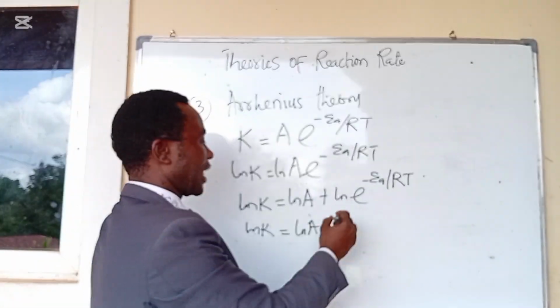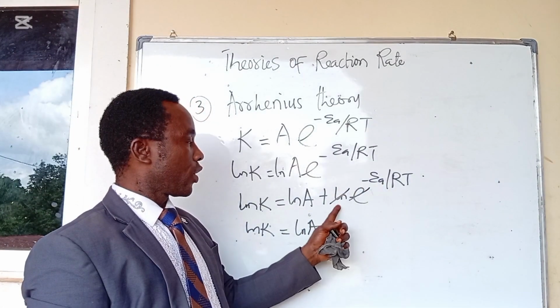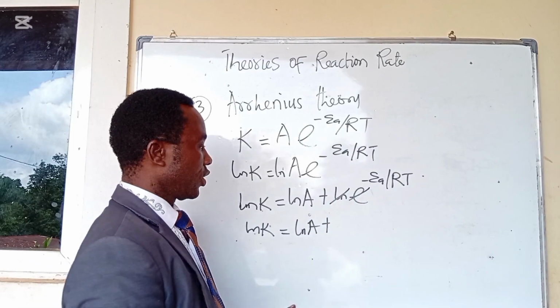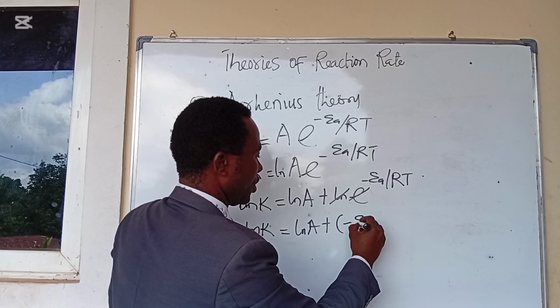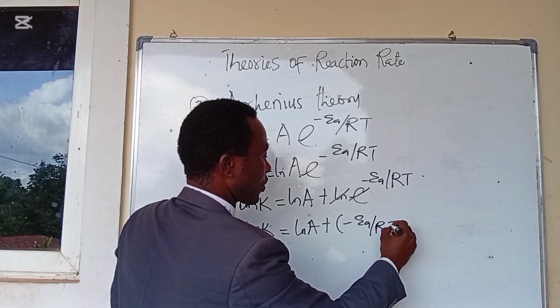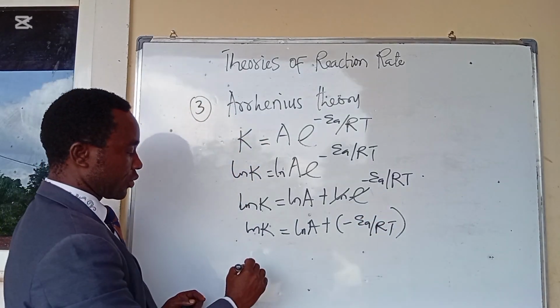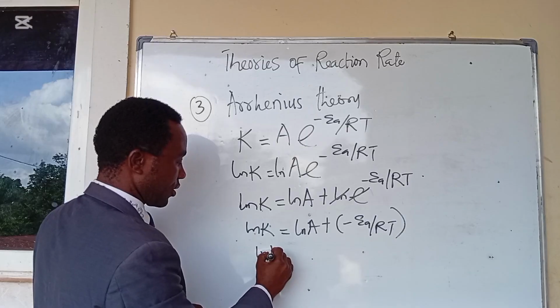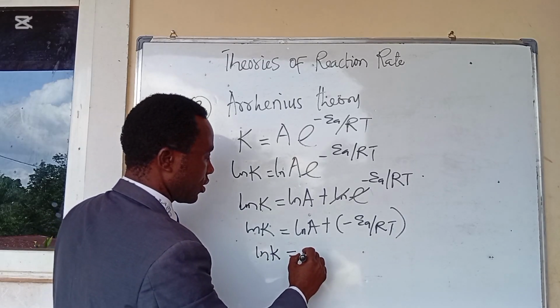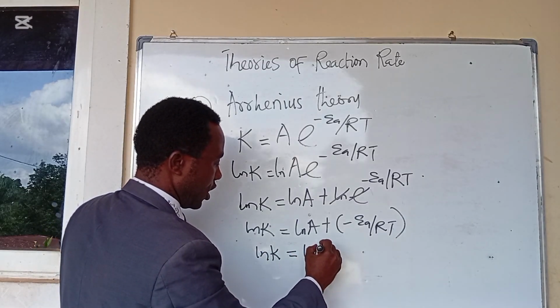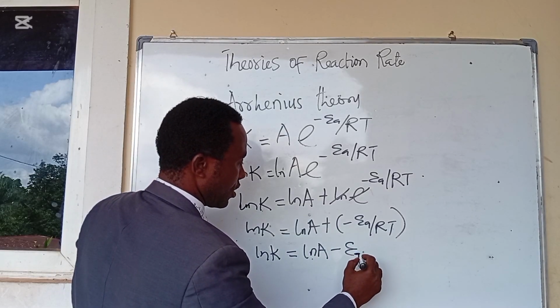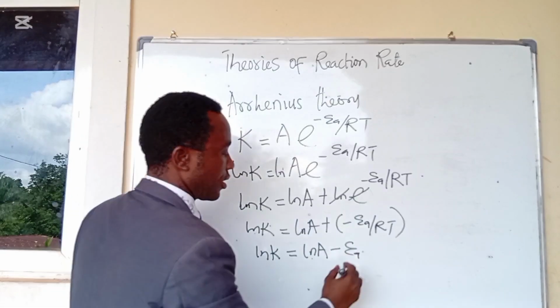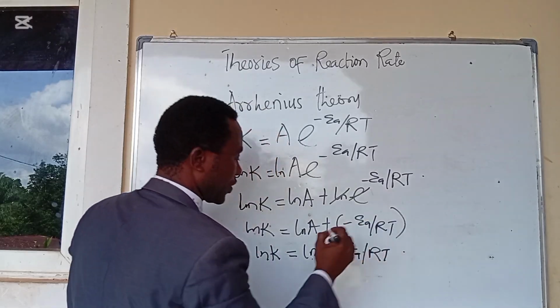The property of ln with an exponent is that it cancels it. So ln will cancel the exponent, and what you have here is minus EA over RT. So the equation becomes ln K equals ln A minus EA, that is epsilon A, over RT.